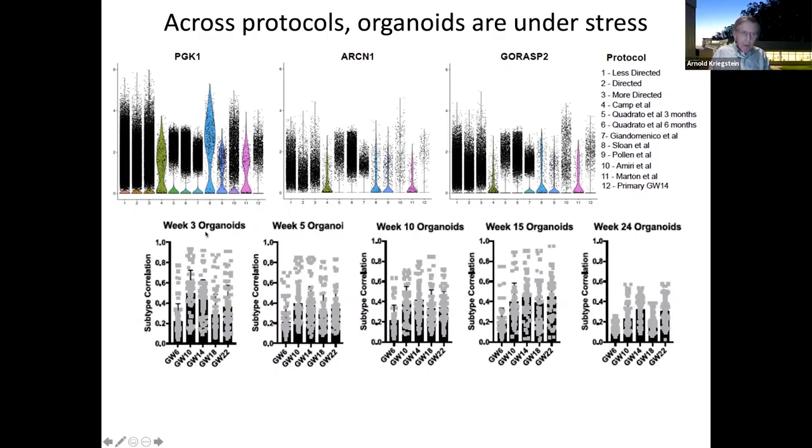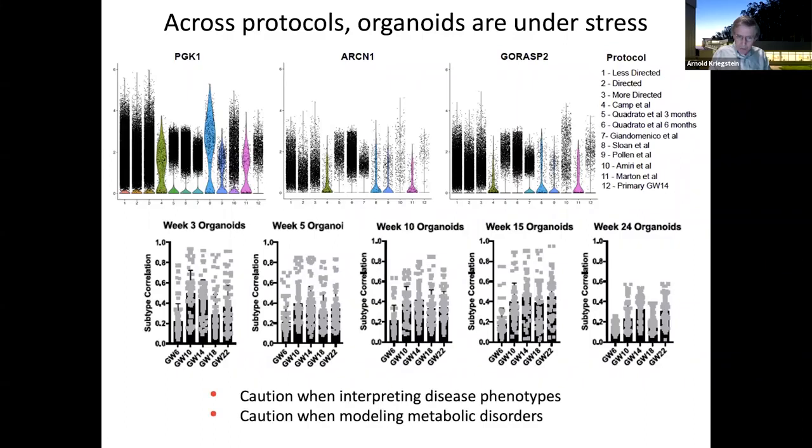If we look at the organoids from, say, week 3 and compare them all the way through to week 24, we don't see any improvement in correlation with primary tissue. They remain both degraded and showing a significant amount of stress at all ages. So this is a caution when you're interpreting disease phenotypes, especially neurodegenerative disorders or other diseases where metabolic stress is considered a factor.